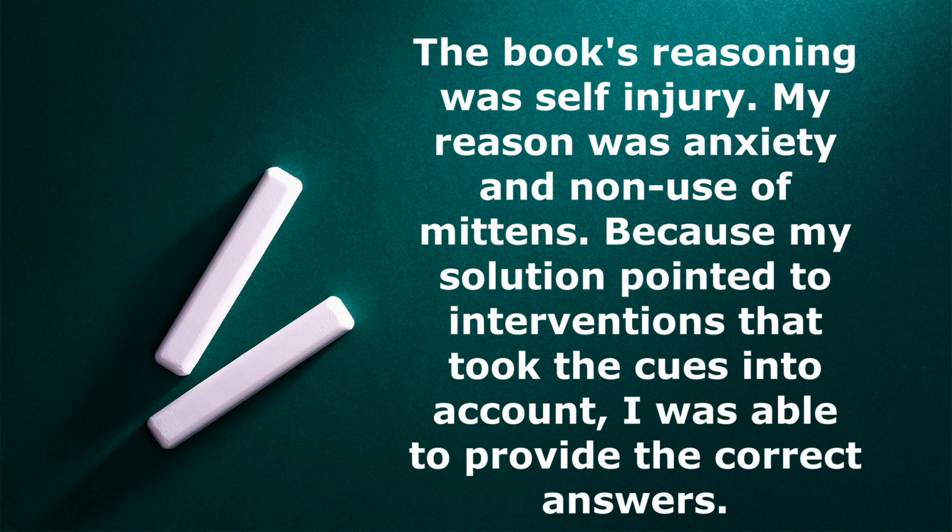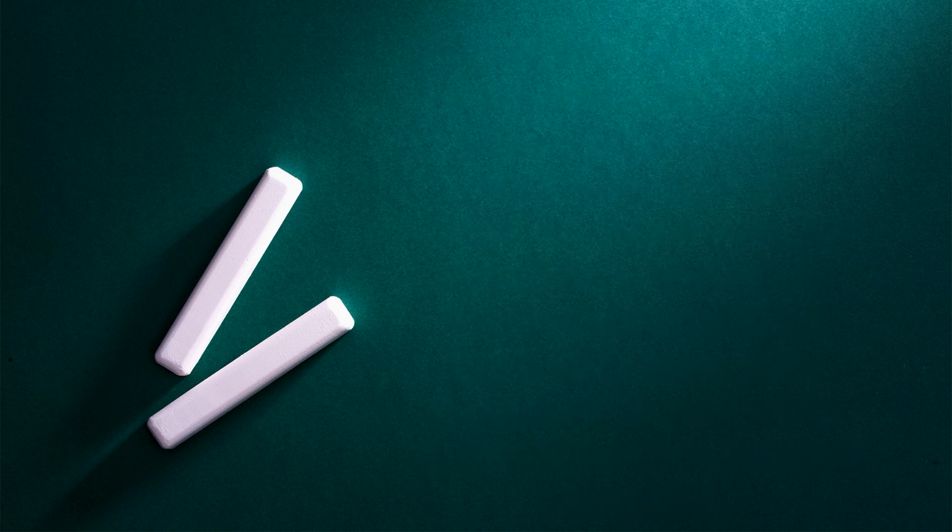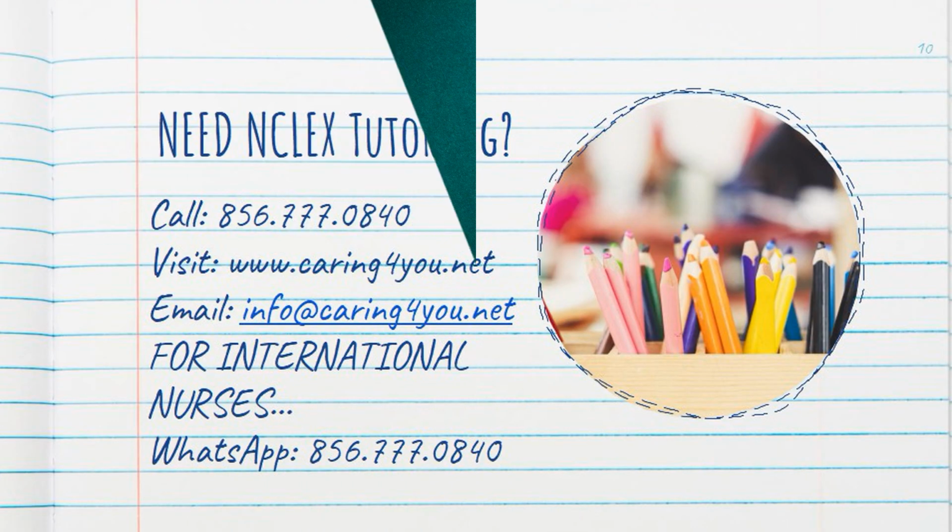Notice that I had something different. I used my cues to come up with solutions to not use the mittens and to decrease anxiety. But because I used the clinical judgment model, I was able to come up with the right answers.